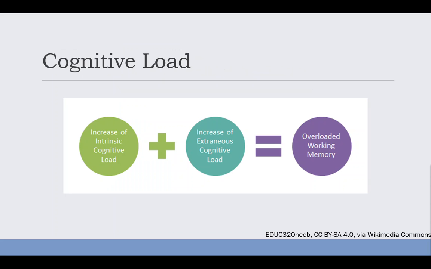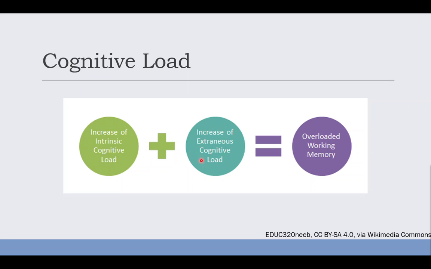So cognitive load is about taking the intrinsic cognitive load. That means it's like the difficulty of a subject matter. So whether calculus is difficult or reading is difficult or some theoretical ideas is difficult. And then we look at the extraneous cognitive load. That's things that we add to the situation that makes it more difficult to understand.